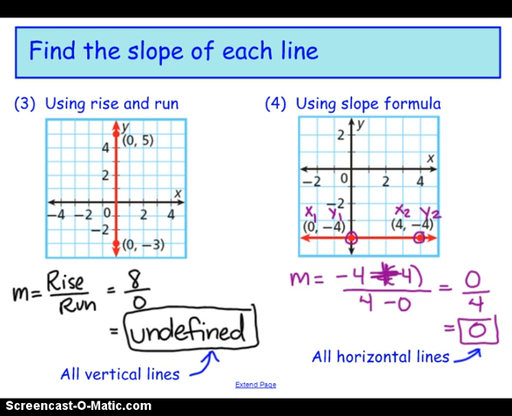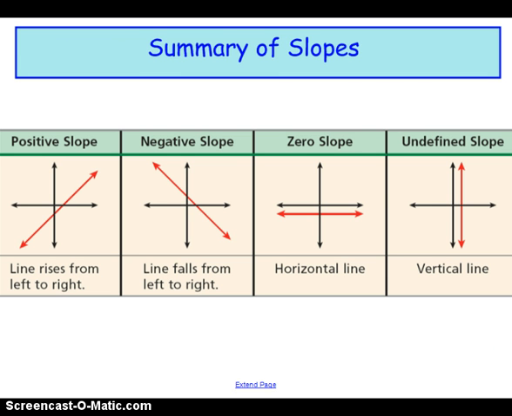Now that we've seen the slopes of 4 different lines, I want to do a little summary. If you have a line that is going up as you go left to right, because with slope we're always thinking left to right, that's going to have a positive slope. So the first line that we looked at went up from left to right, and so its slope was positive. If it's going down from left to right, that's going to have a negative slope.